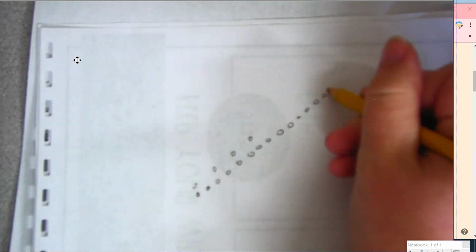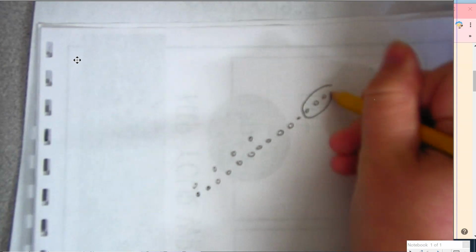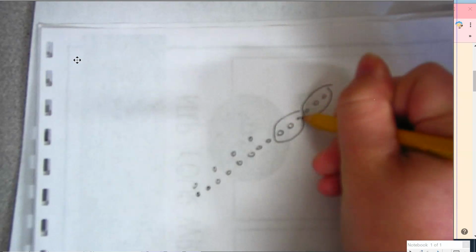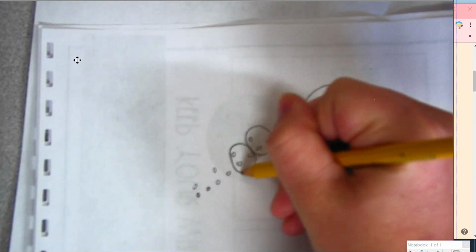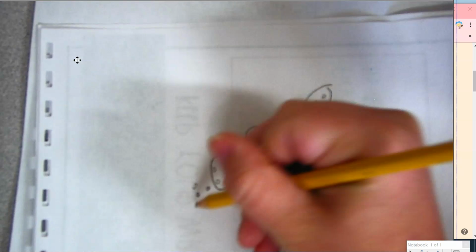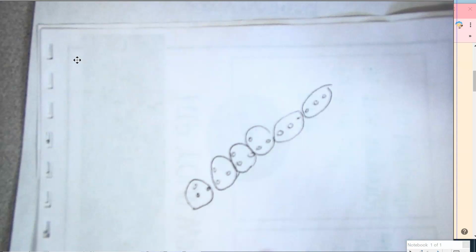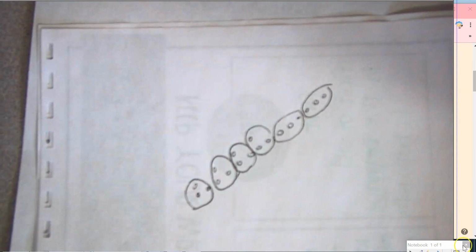All right, so I have my 18 kids. So I'm going to group them by 3. 1, 2, 3, 4, 5, 6. So there can be 6 groups of 3.